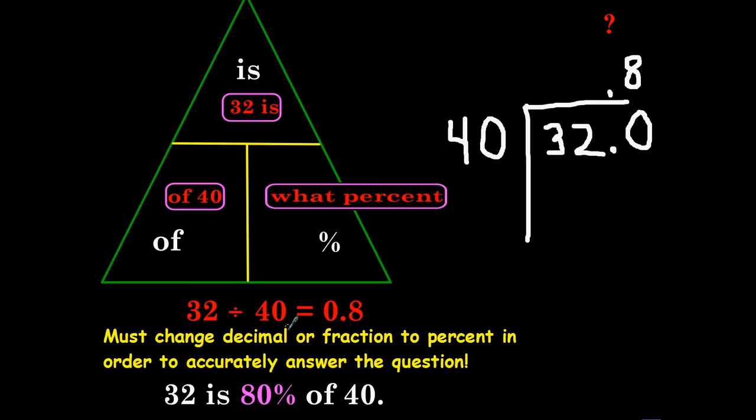And I really want to be able to write those equations like we did in the first part of the video, where we had x as part of it and we were trying to solve for x. And remember, equations have something on both sides of the equal sign, where essentially I only had this part on this side of the equal sign after I had solved 32 divided by 40.